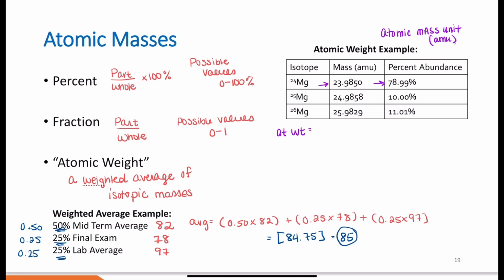The atomic weight here would be 23.9850 AMU times 0.7899. Again, I'm putting this into fractional form because that's how we're going to do it. We're going to multiply the mass times the fractional abundance.